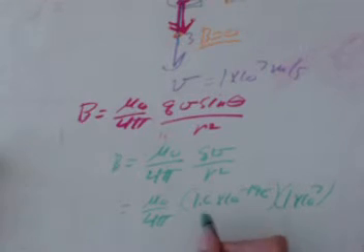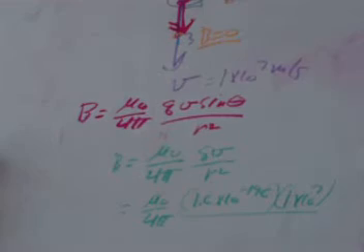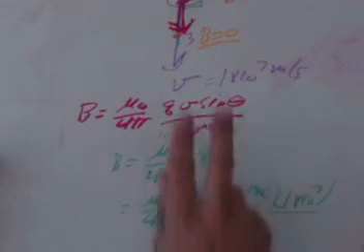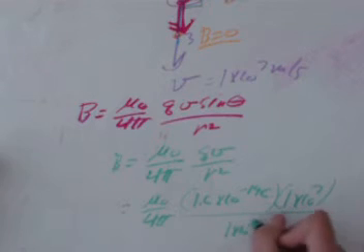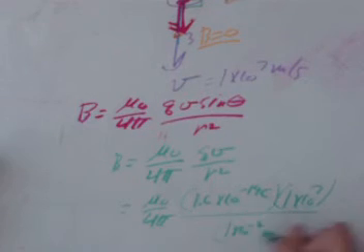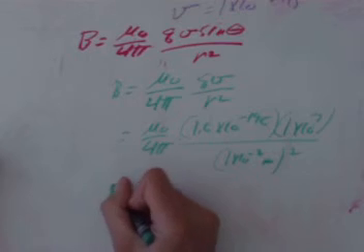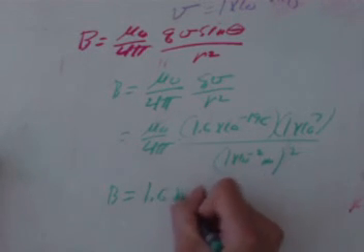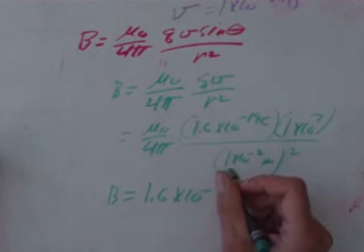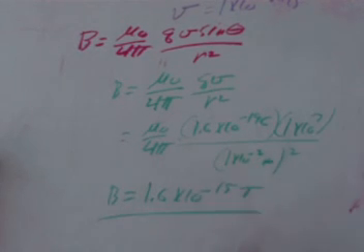You divide the whole thing by the distance between the proton and the field point, which looks like it's this distance right here, or 1 centimeter, 1 times 10 to the minus 2 meters to make sure it's in SI units, and it is squared down there. You can put all this together to arrive at your answer, but the magnetic field B at point 2 is going to be something like 1.6 times 10 to the minus 15 Tesla. That's the answer I get for that one.